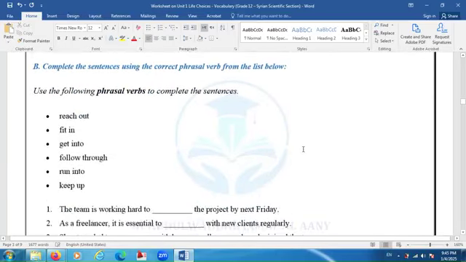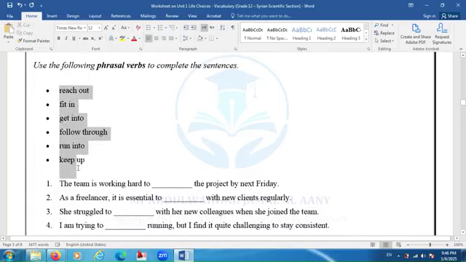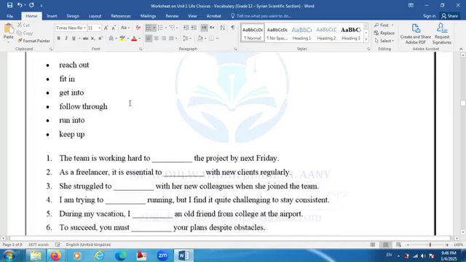Now another question, or another activity. Complete the sentences using the correct phrasal verb from the list below. I have these phrasal verbs and you have to fill in the gap with them in order to complete the sentences. 6 sentences by 6 phrasal verbs.